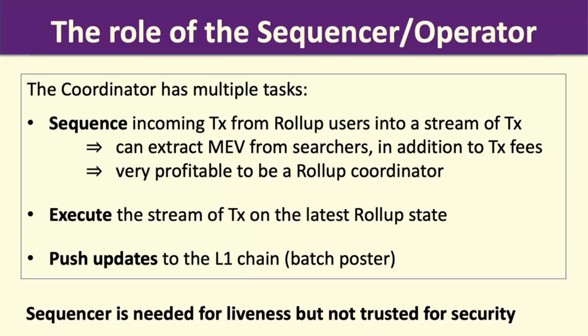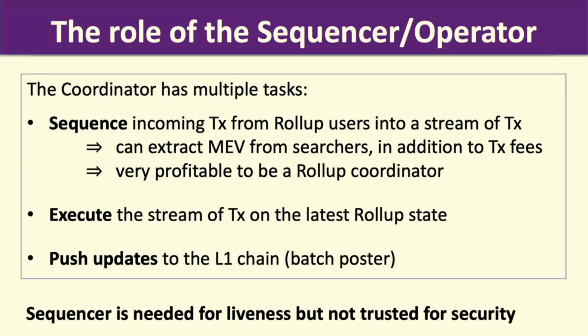Importantly, someone asked how is a rollup different from Coinbase? Well, the sequencer is trusted for the operation and for things to actually progress at a reasonable, fast speed, but it is not trusted for security.